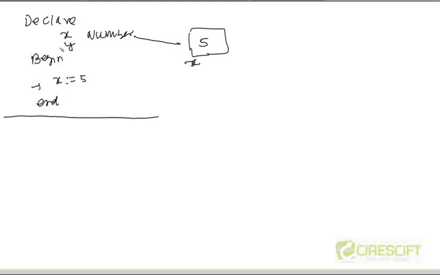Exactly the same concept is here, and that is what we call PLSQL records. So a PLSQL record is a composite data type which contains multiple scalar data types like number, varchar, date, and so on. Let's see an example.